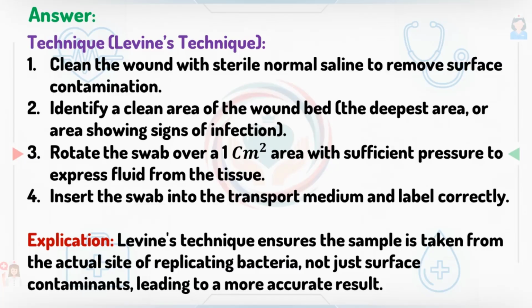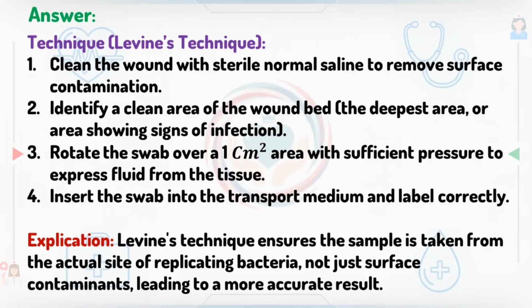1. Clean the wound with sterile normal saline to remove surface contamination. 2. Identify a clean area of the wound bed, the deepest area or area showing signs of infection. 3. Rotate the swab over a 1 square centimeter area with sufficient pressure to express fluid from the tissue. 4.